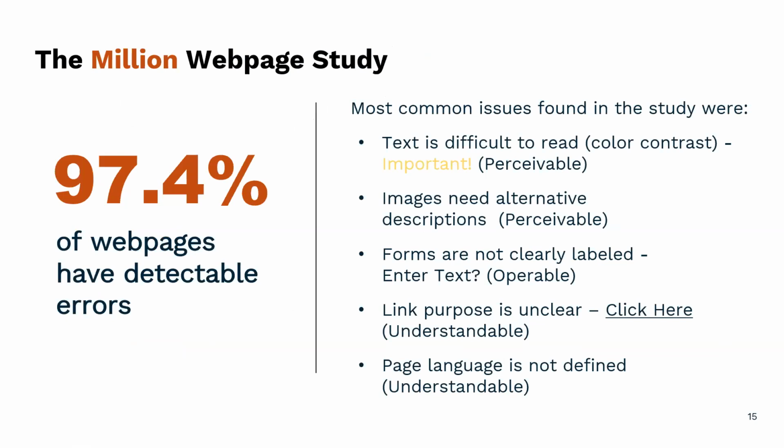So this is really interesting. There's a 1 million web page study out there that evaluated 1 million web pages, and 97% of those web pages have errors. So we talked about 90% of websites not being accessible, but 97% of all pages have errors. Things that you'll find: color contrast is a huge, huge issue, right?